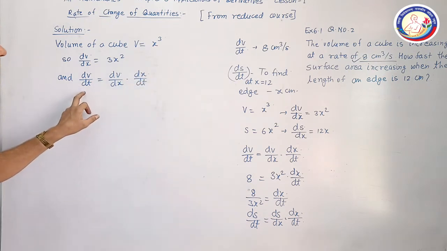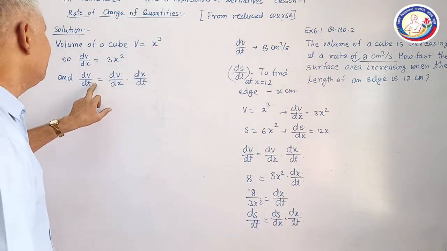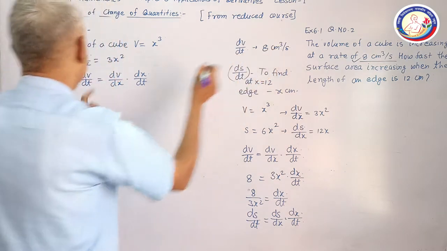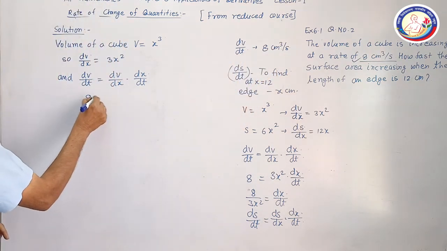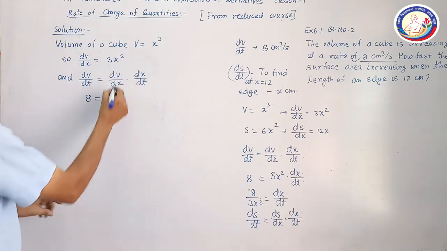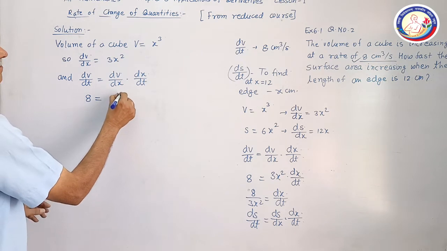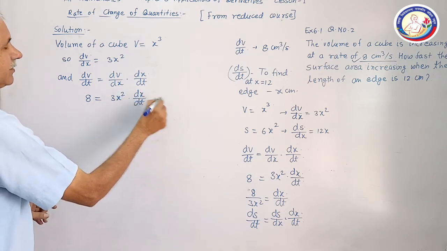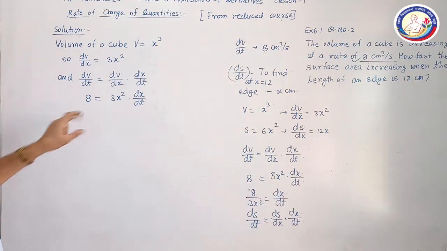Now put here the values. We are given the derivative of V with respect to t. Its value is 8 here. Put here 8. And dV by dx we have found here, it is 3x square, into dx by dt. We will need this at a later stage.